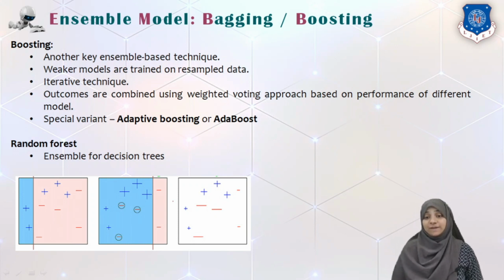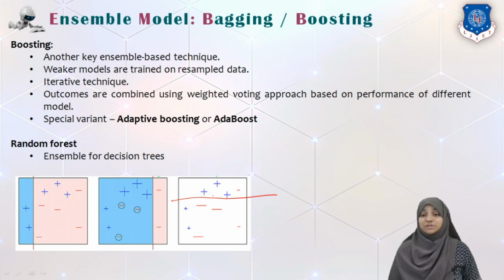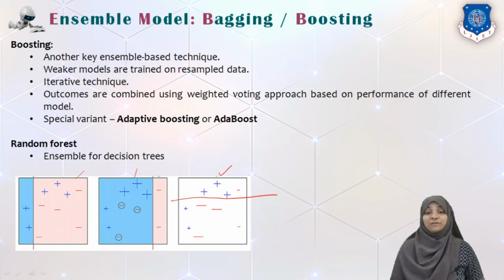Say for example, if I take the partition at this stage, the majority of positive examples are in the positive class and the majority of negative examples are in the negative class. So the performance of this model will be much better than the previous 2 models. The process that we have followed is called boosting on classification.